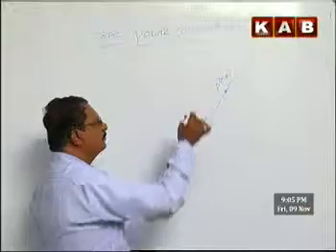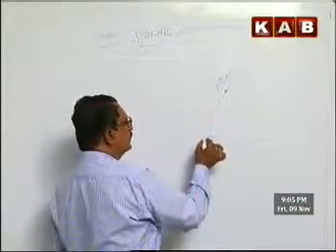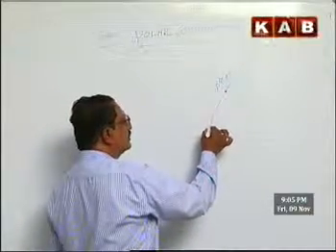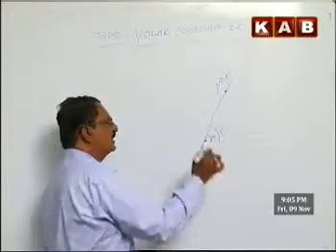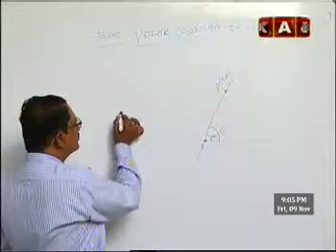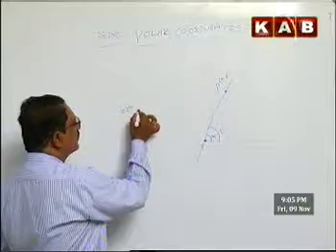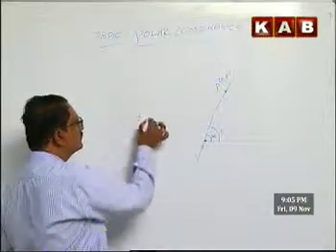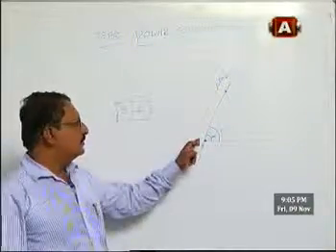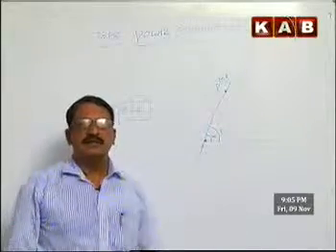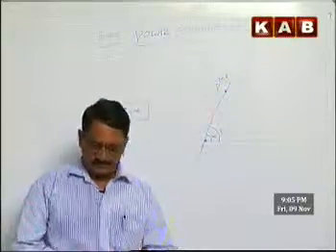Now P has coordinates (r, theta), then OP equals r, and OP is inclined at an angle theta with the polar axis. Then the required equation of the straight line is theta equals alpha. This is the required equation of the straight line passing through the pole and making an angle alpha with the polar axis.